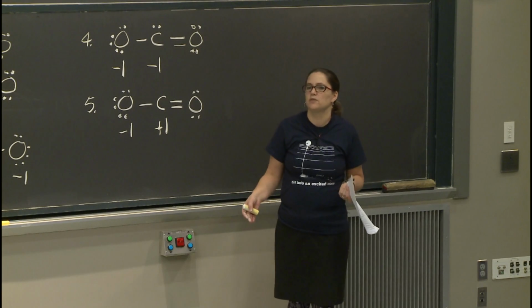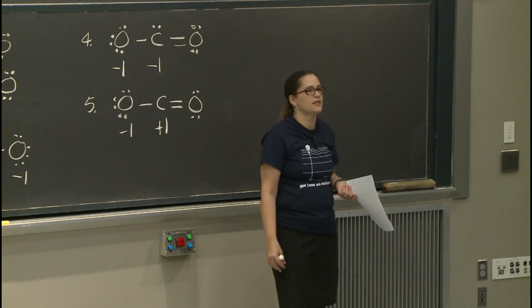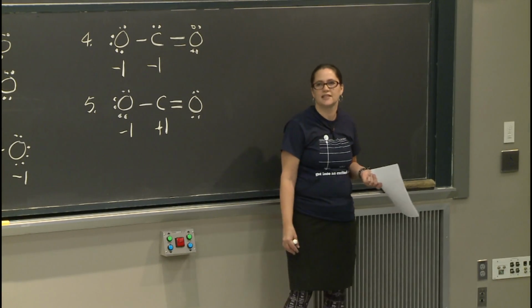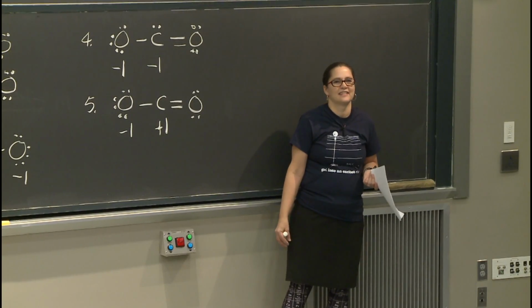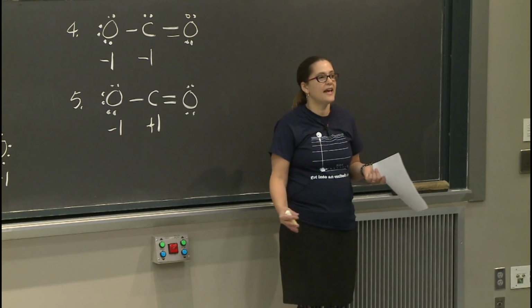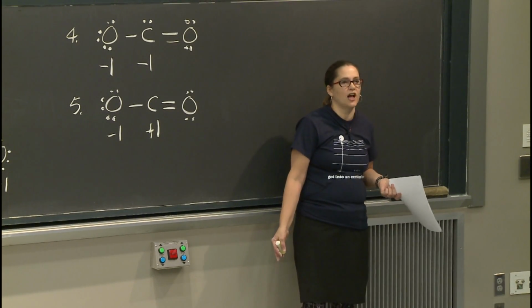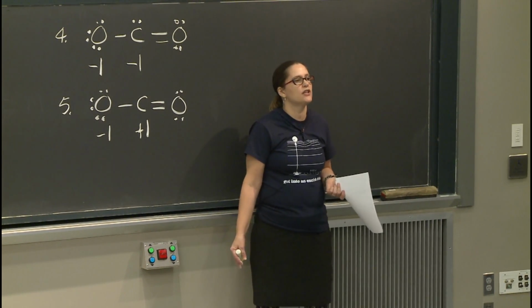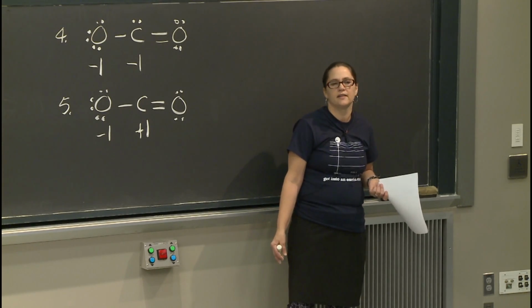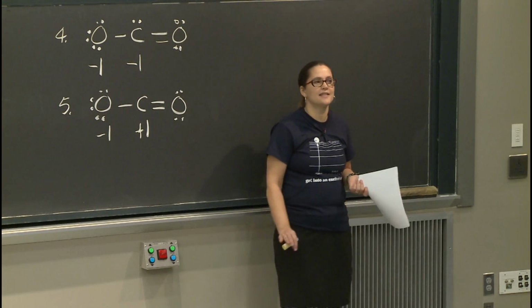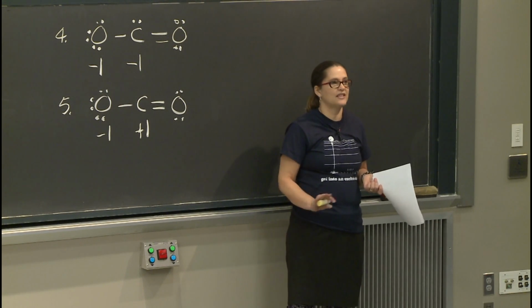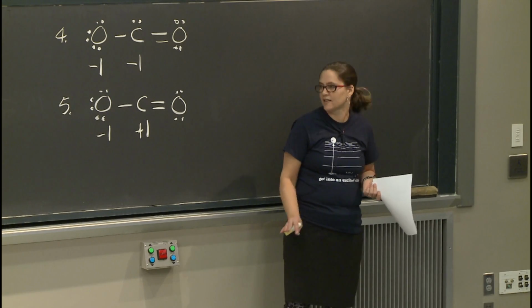Does anybody remember what 2 elements we mentioned are happy with an incomplete octet? Boron and aluminum, right. And then some of them are happy with an expanded octet, but to be expanded, you have to have an n number of what? 3 or above. So carbon does not want to have a deficient octet or an expanded octet.